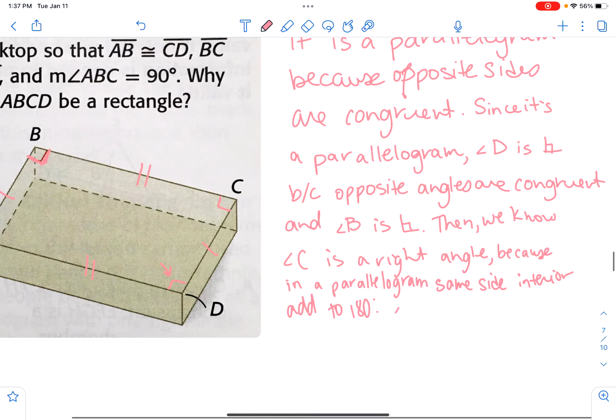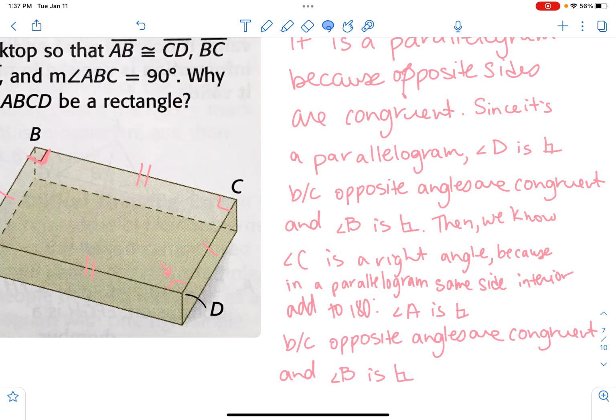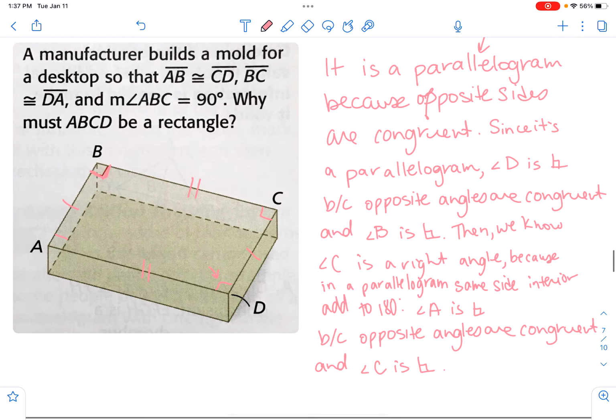So then we can say angle A is a right angle, and I'm going to copy and paste because opposite angles are congruent. And instead of B being the opposite one this time, C is the opposite one. So it's a lot to prove it.